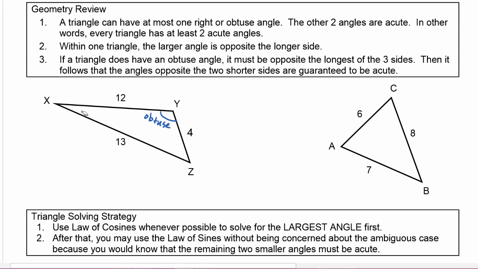And angle X and angle Z are both acute. So the obtuse angle was opposite the longest side of the triangle, and the two sides of the triangle that were shorter, both of their opposite angles are acute.